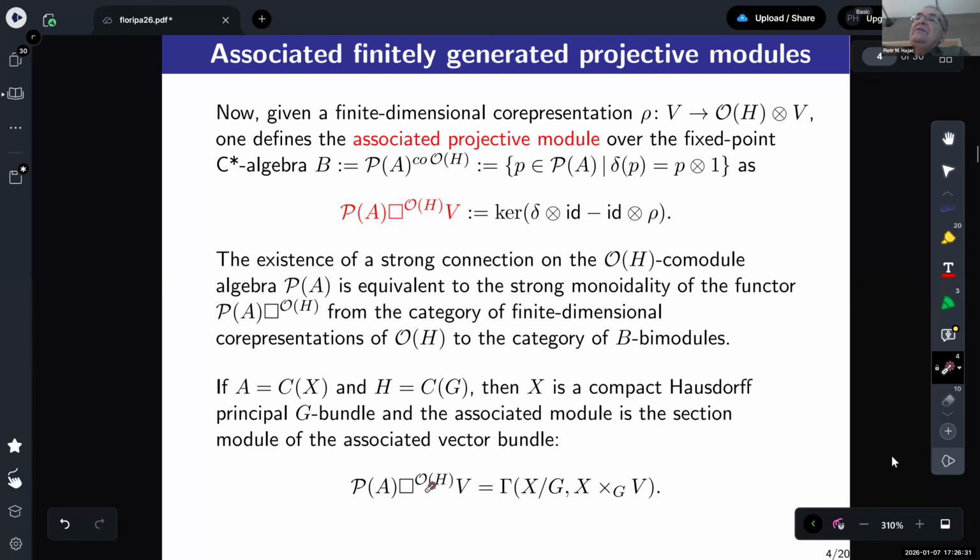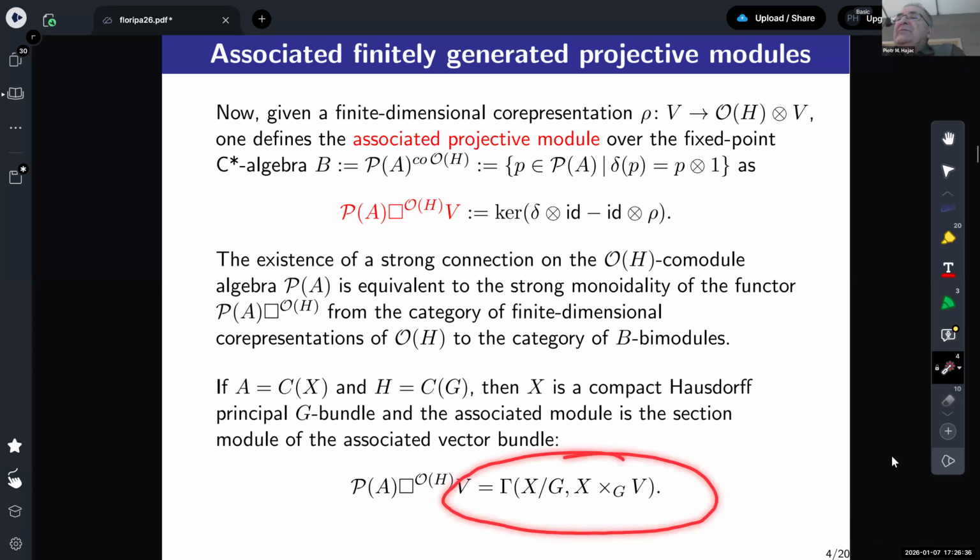So here, this is what I mean by this notation. My base space is X mod G, the space of orbits, and I'm taking global continuous sections of the associated vector bundle. And this is, by Serre-Swan, a finitely generated projective module, and well, you can check that it agrees exactly with this construction, which works in full generality.